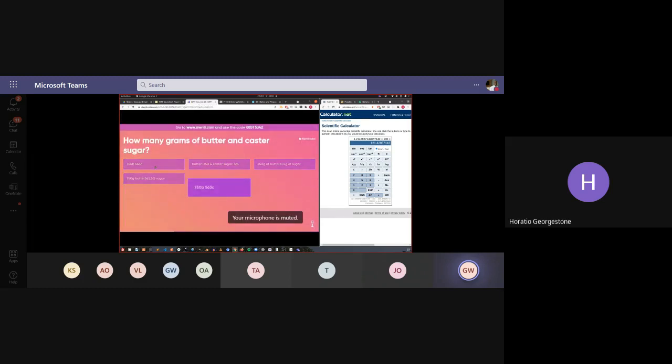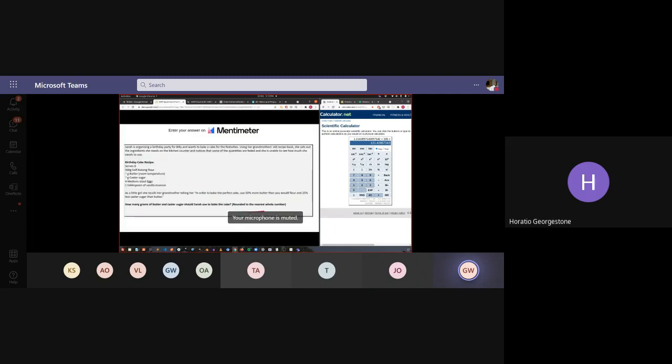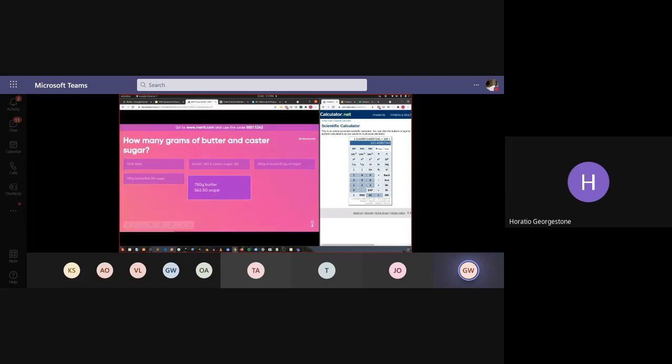So this person here got it correct. Well done. This one is correct, but you just didn't round it. So just make sure you always read the question really carefully, because things like this, it's going to be multiple choice anyway, probably, but still, it's good practice. And then these ones are wrong. So let's have a look at the correct method.